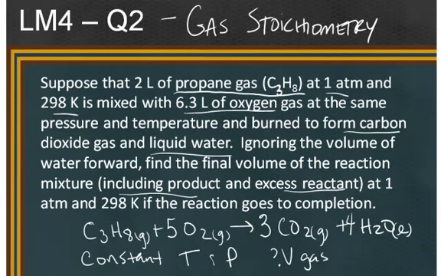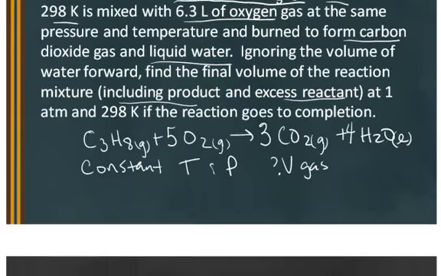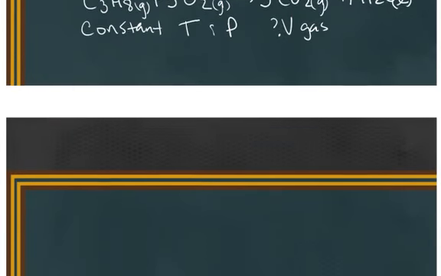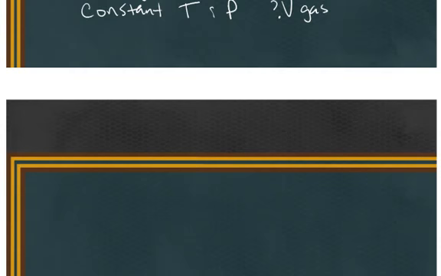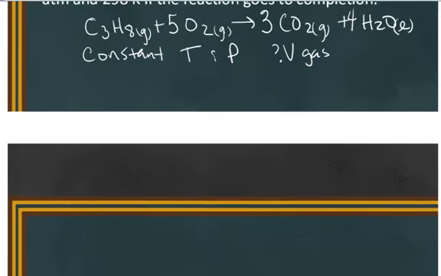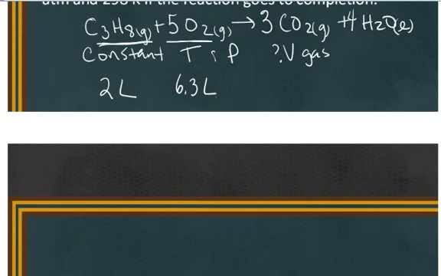All right, so let's move down and give ourselves some more room here. What's given initially is that we're starting with 2 liters of propane and 6.3 liters of oxygen.